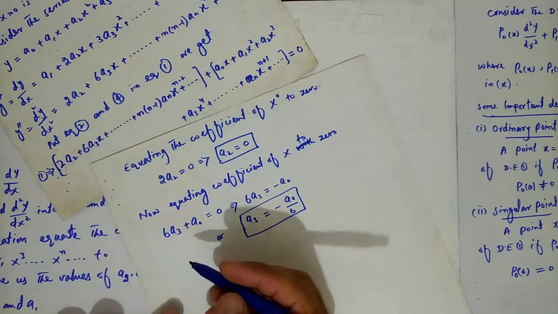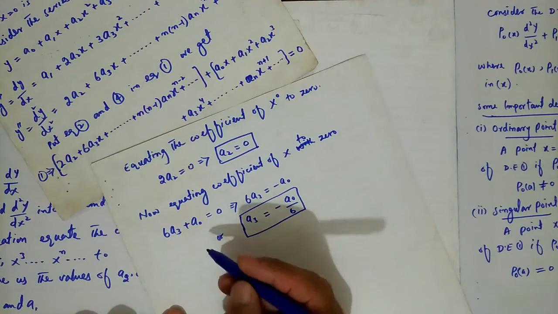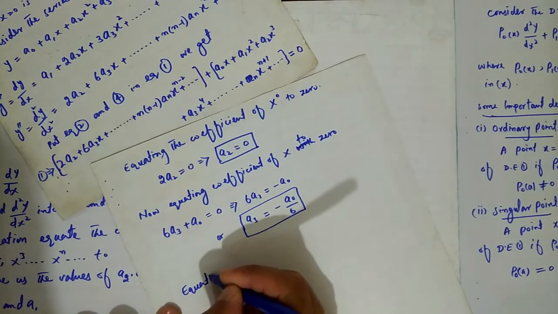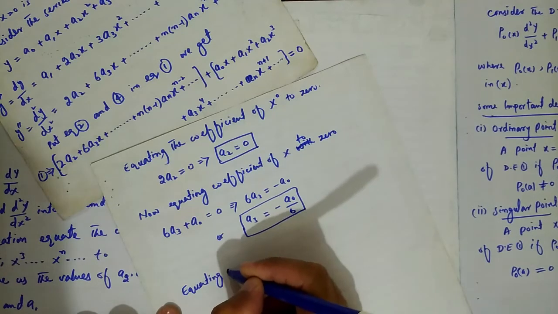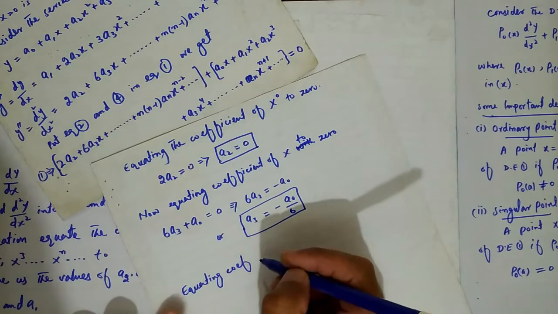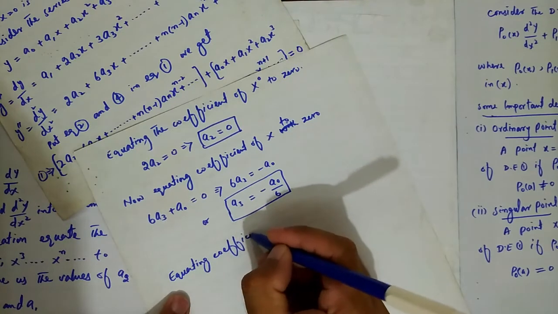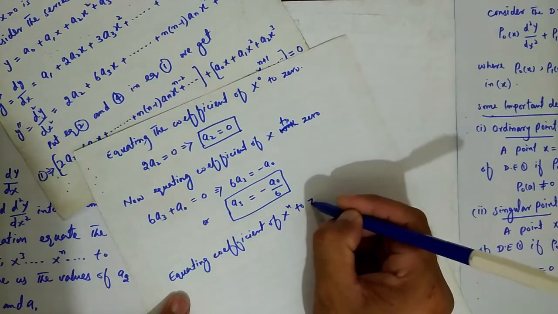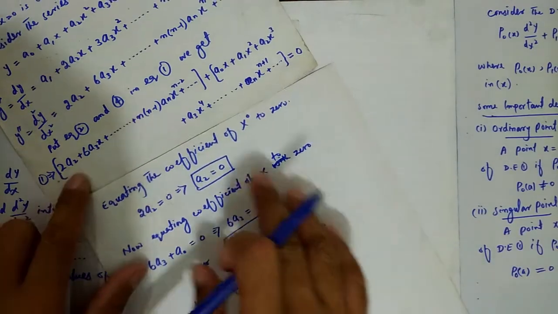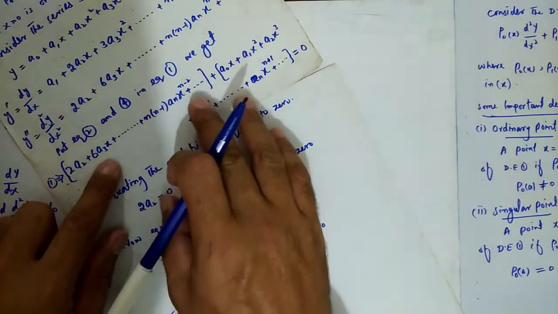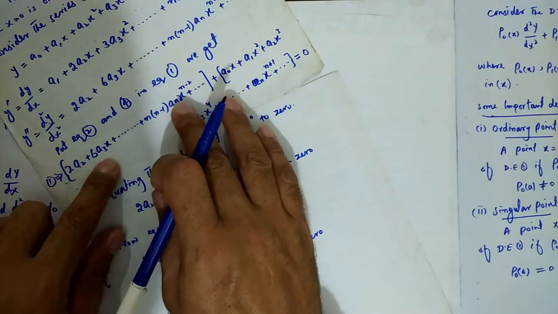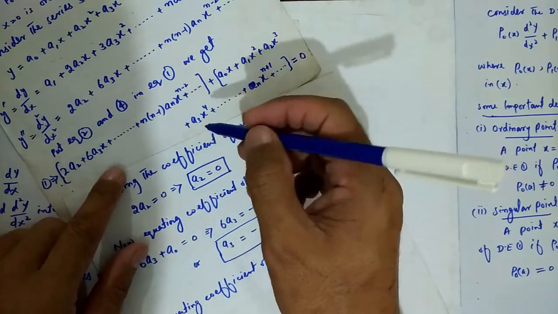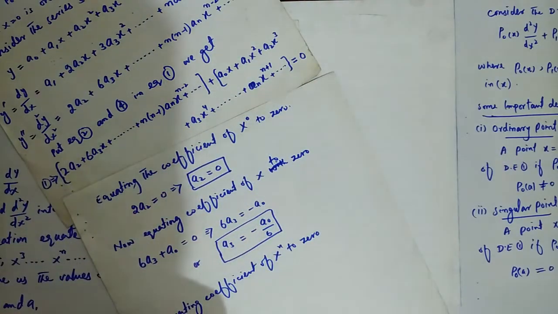So if we reach x to the power n, equating the coefficient of x to the power n to 0, now look for the terms of x to the power n.